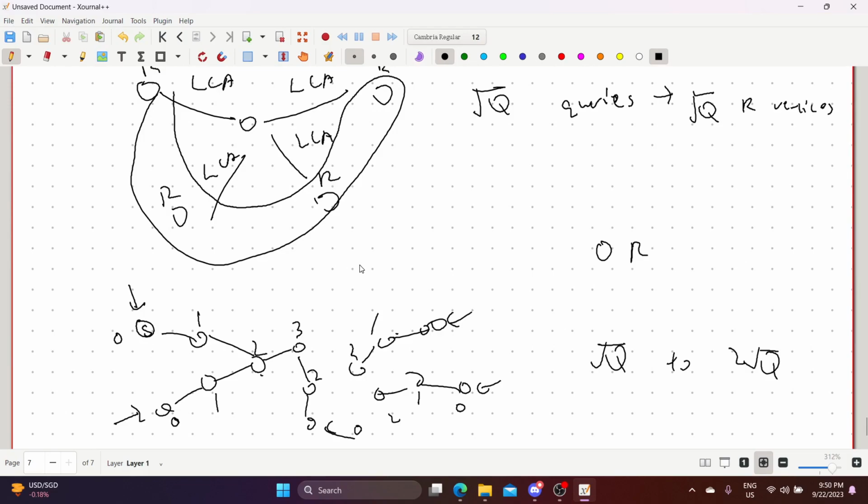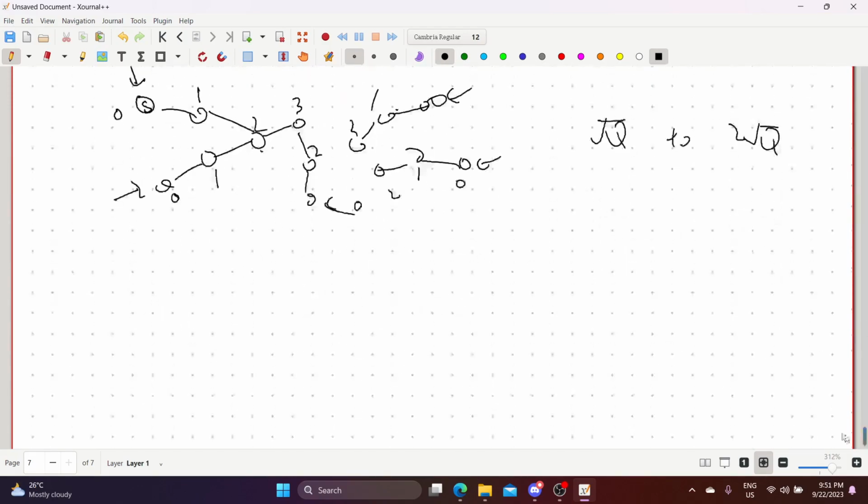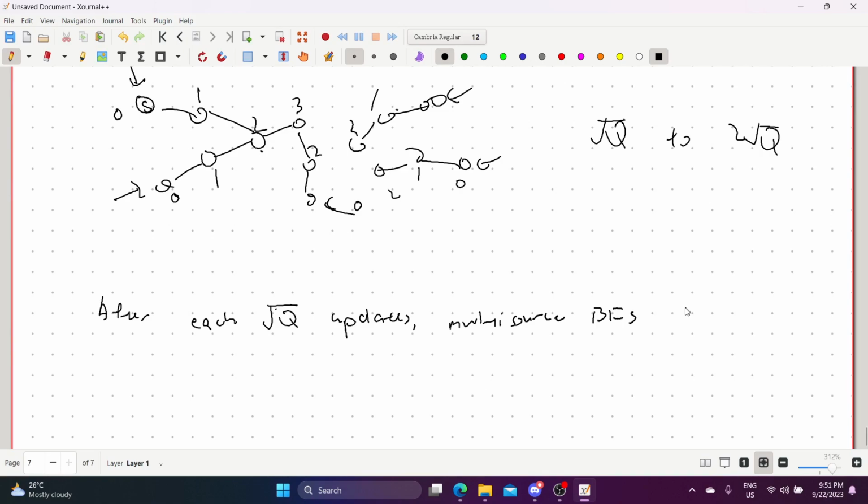So if we keep doing this, after each square root q updates, we do a multi-source BFS to reset the red nodes.